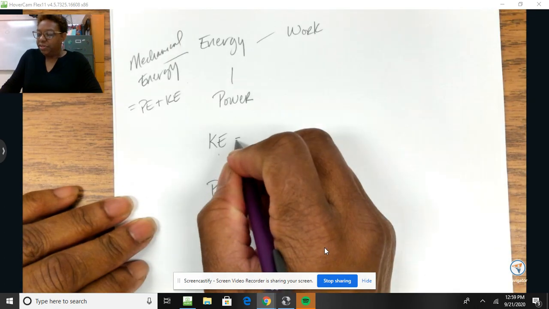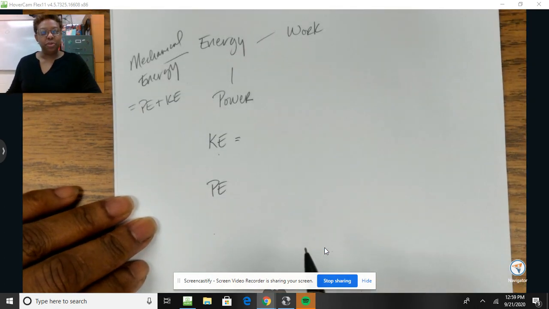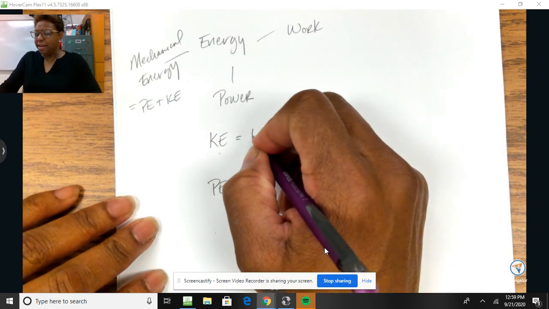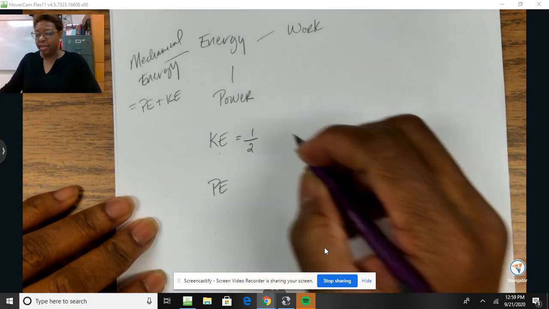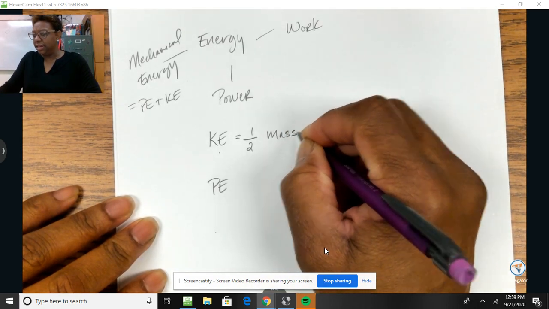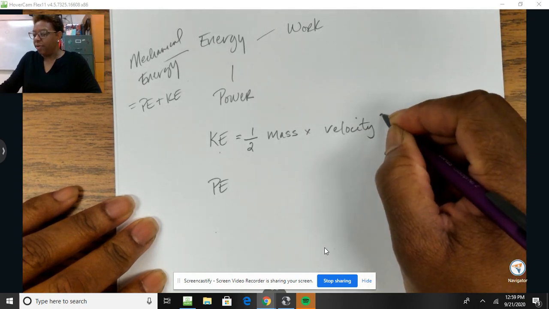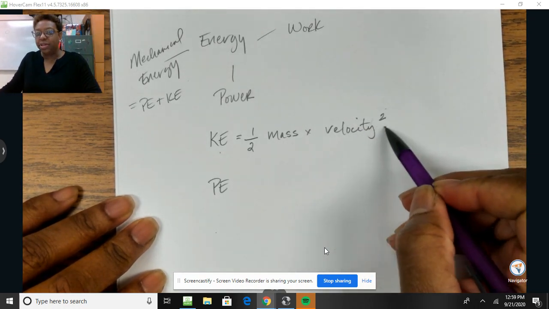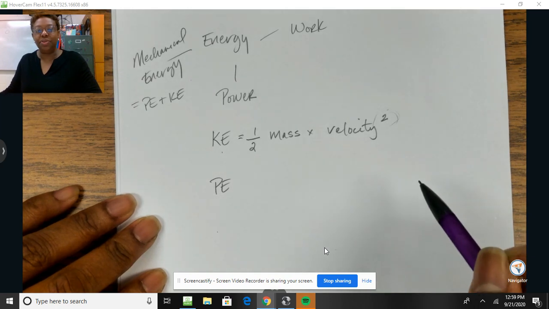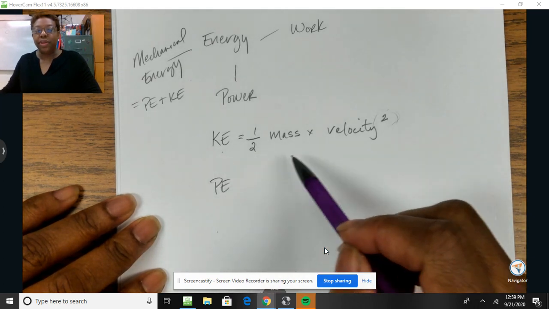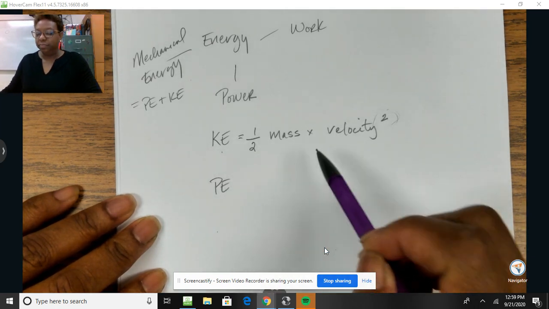Right? So kinetic energy is the energy of motion. And by definition, it is 1/2 times mass times velocity squared. And this is where you want to make sure that you pay attention to what you're doing with the equation.